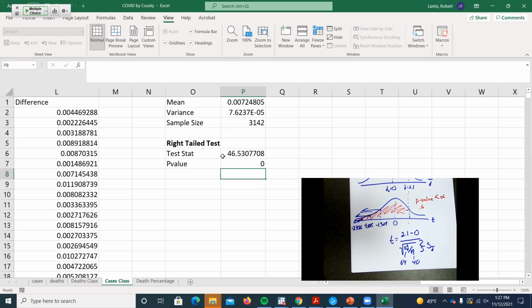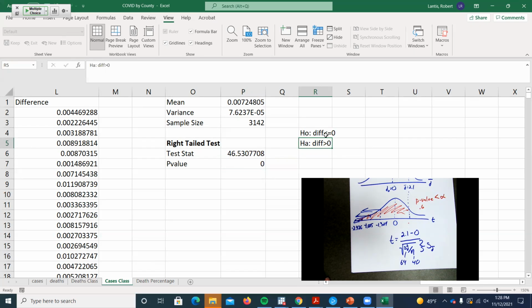So with any level of confidence, I can reject. If I had a right-tailed test, what I was saying was the alternative was that this difference was greater than 0, which meant the null was that the difference was less than or equal to 0. So with any level of confidence, I can reject that cases have gone down across all counties.